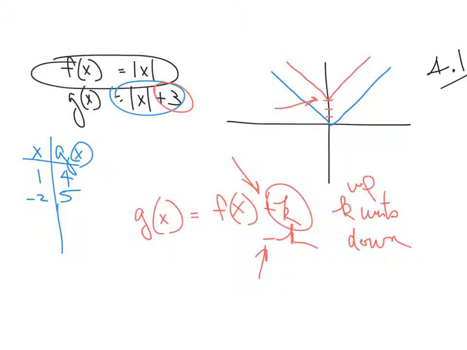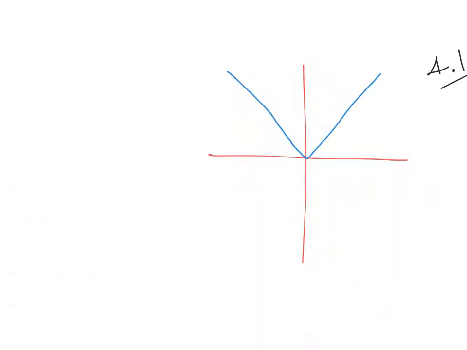Okay, so now looking at the same kind of thing, let's look at the shift of functions in a horizontal way, which means that if we have our absolute value function, and let's do it in blue again, okay, and if we have a graph with it like that, and let's say that this is 5 over, all right, so we start out at the origin and the new one is 5 over.